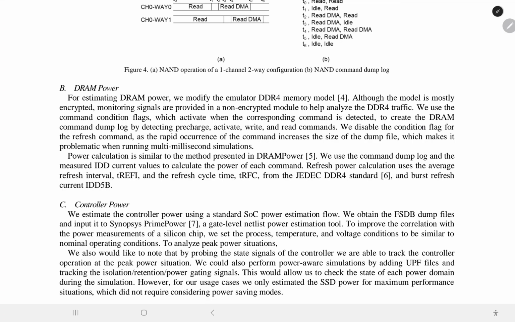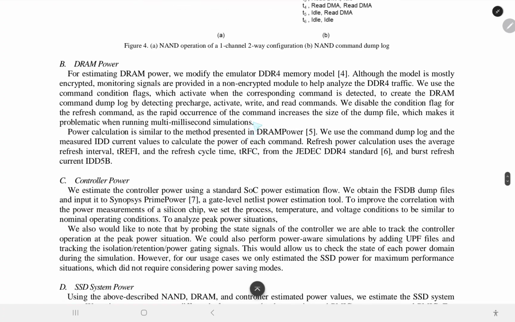To create the DRAM command dump log by detecting precharge, active, write, and read commands, we disabled the condition flag for the refresh command. The rapid occurrence of the command increases the size of the dump file, which makes it a problem when running multi-millisecond simulations.